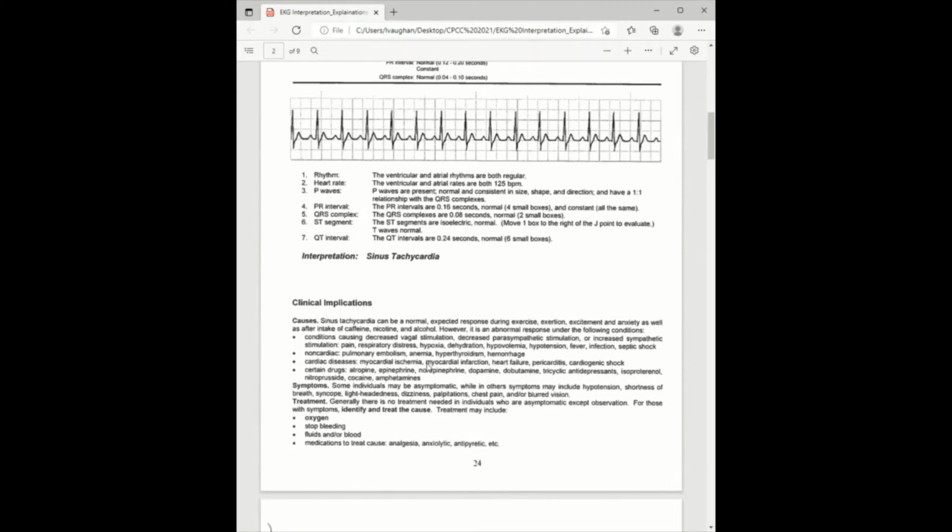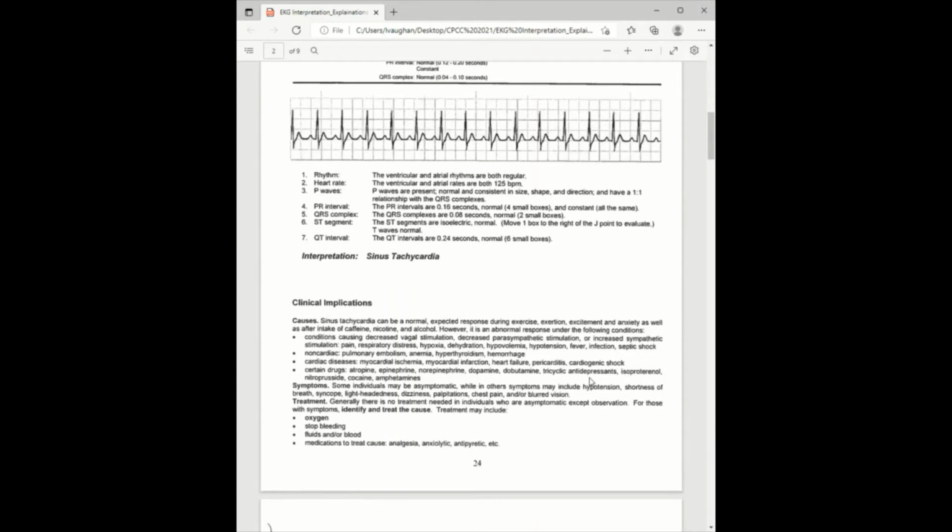There's other things, like pain can cause an elevated heart rate, respiratory distress, hypoxia, dehydration, hypovolemia, hypotension, fever, infection. I suppose fear could also, like an emotional response, but the ones I was looking at was fever and infection, septic shock, pulmonary embolism, anemia, hyperthyroidism, and hemorrhage.